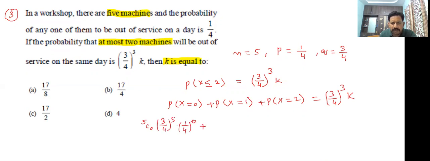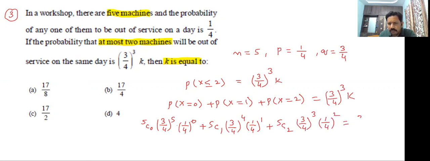P of x equal to 1 means 5C1 (3 by 4) whole power 5 minus 1, that is 4, (1 by 4) whole power 1, plus P of x equal to 2 means 5C2 (3 by 4) whole power 5 minus 2, that is 3, (1 by 4) whole square, that is equal to (3 by 4) whole cube into k.